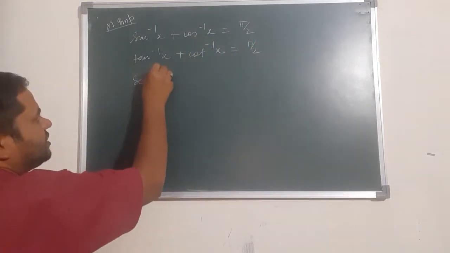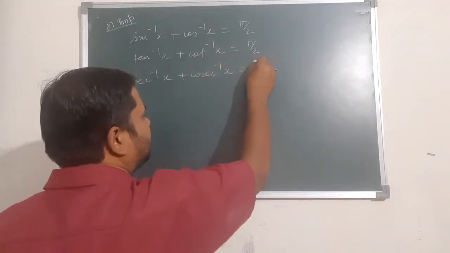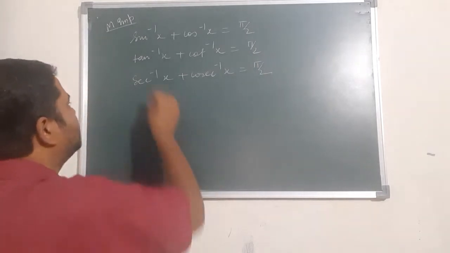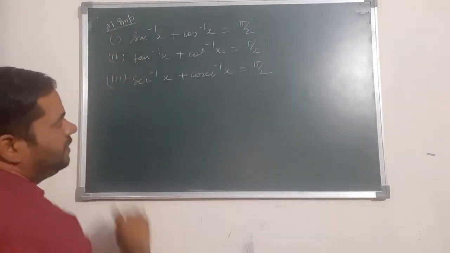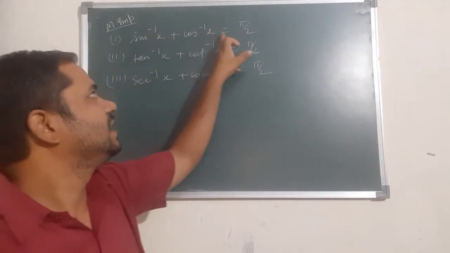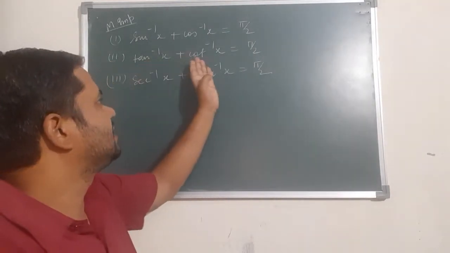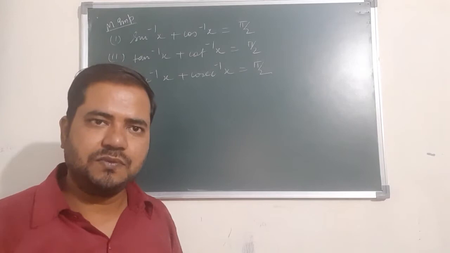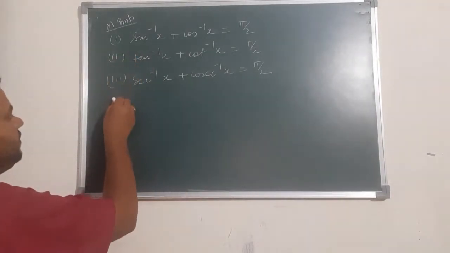And sec inverse x plus cosec inverse x is also pi by 2. So these are the three most important properties which we have. In this, if you want, you can write sine inverse x as pi by 2 minus cos inverse x. If you want to write tan inverse x, then you can write it as pi by 2 minus cot inverse x, etc.